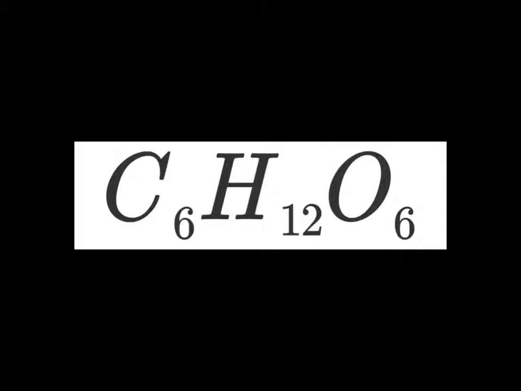This is a chemical formula. This is the chemical formula for glucose. Glucose is a sugar. Glucose is the sugar that we primarily use as an energy source. Glucose has the chemical formula C6H12O6.